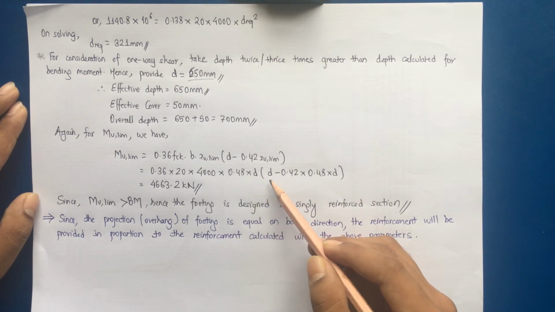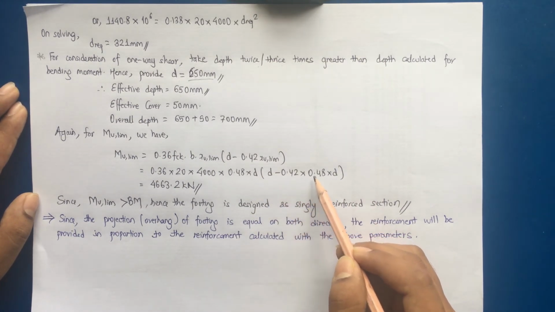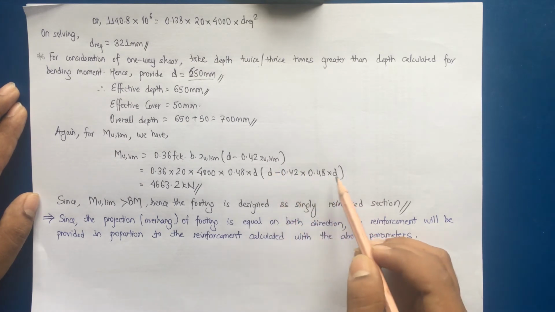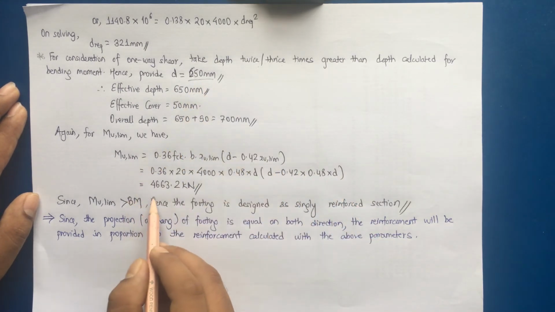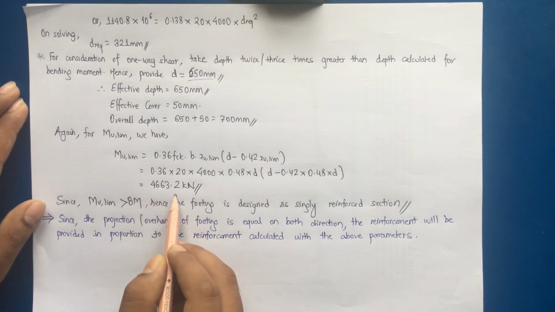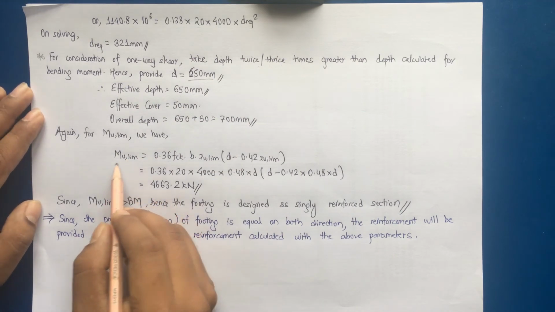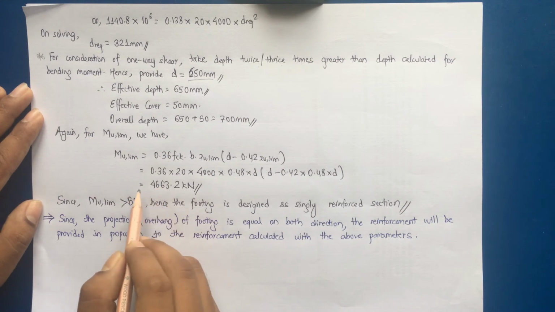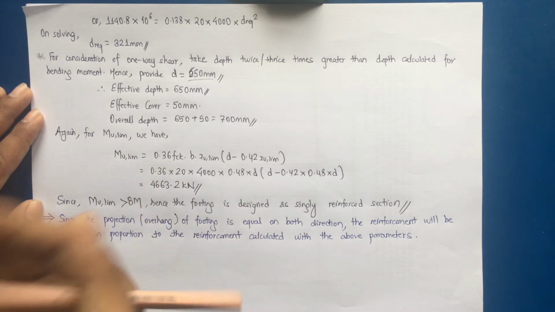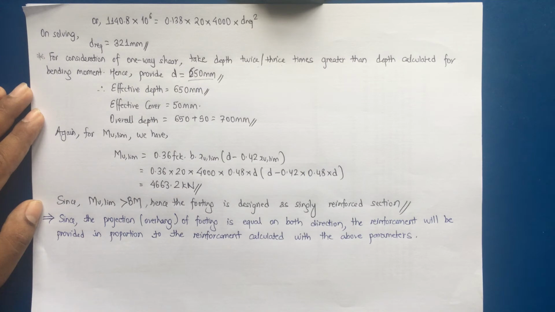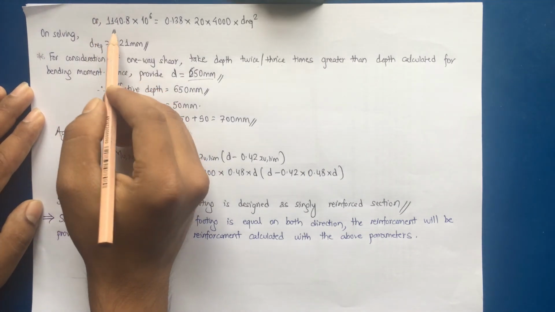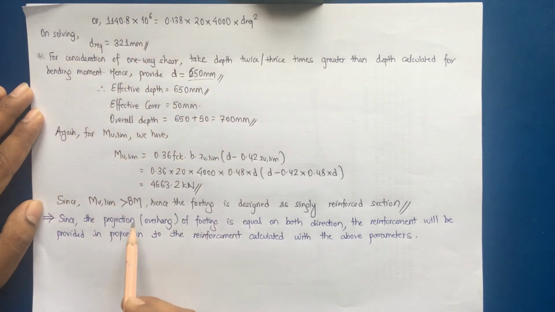So 0.48 D into (D minus 0.42 into 0.48 D). Now substitute the value of D as 650 mm and we get 4663.2 kilonewton meter. This is the Mu limiting, the maximum moment that the section we have provided is capable of resisting, but the moment acting on the footing is 1140.8. Hence Mu limiting is greater than the bending moment acting on the face of the column. Hence the footing is designed as singly reinforced.